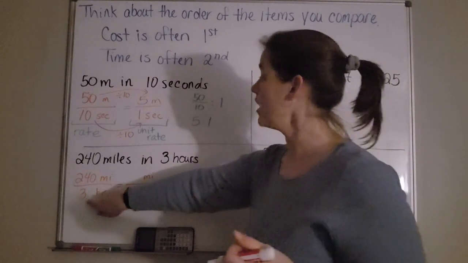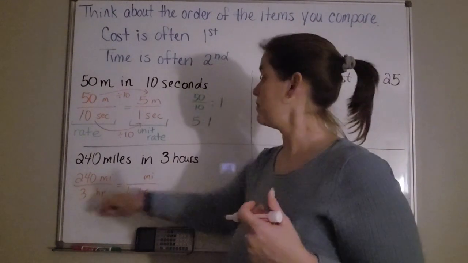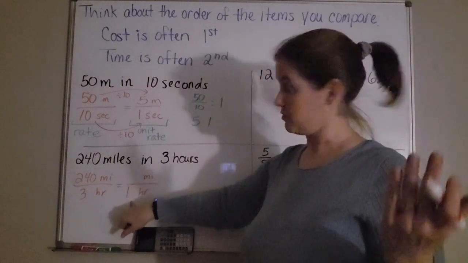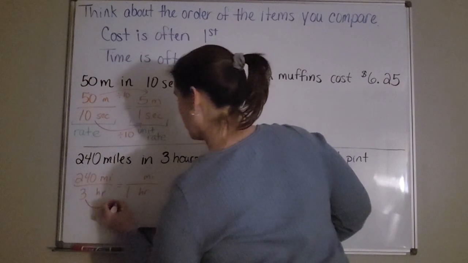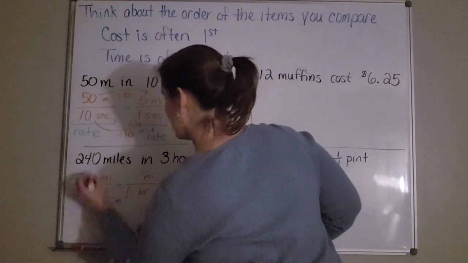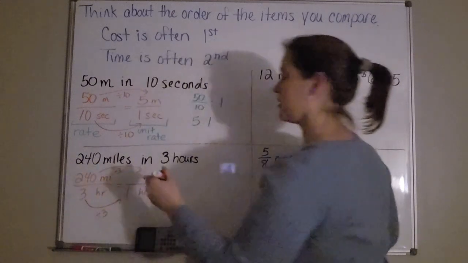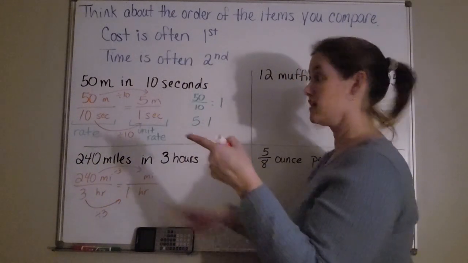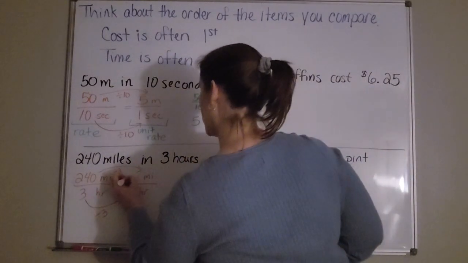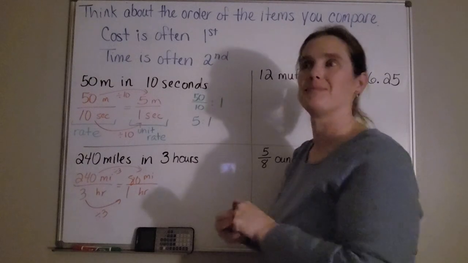And we always divide by whatever the denominator is, because any number divided by itself gives us 1. Perfect, that's what we need. So if we do that down here, we do that up on top as well. Divide by 3, divide by 3, 240 divided by 3. Well, hopefully you're thinking 24 divided by 3 is 8. There's another 0, so I tack that 0 on. 80 miles per hour. They're going a little fast.